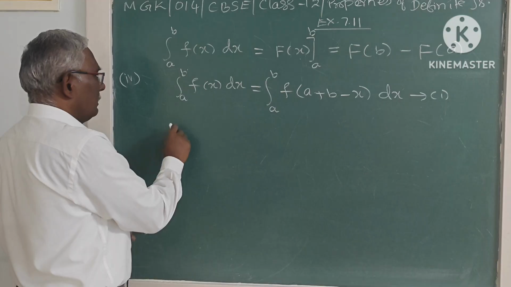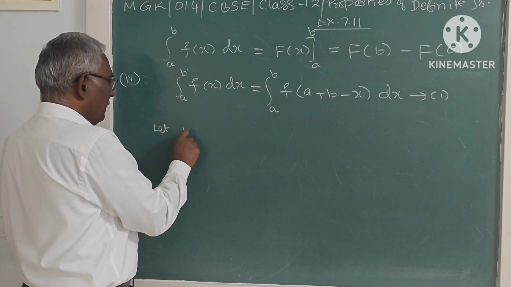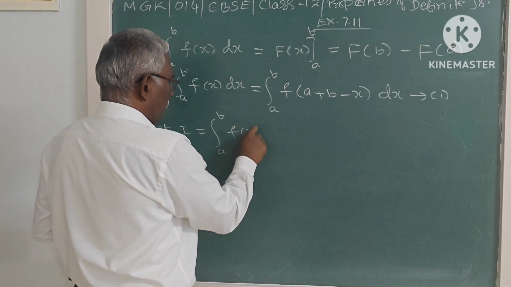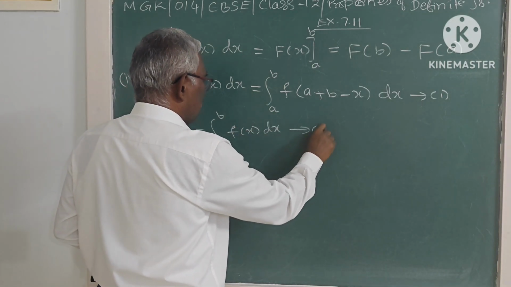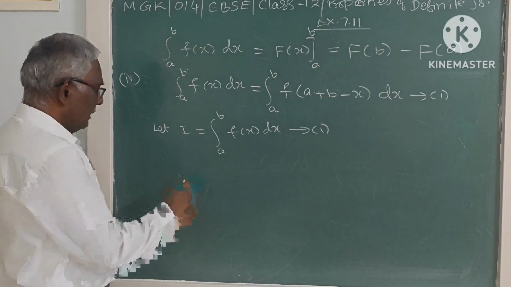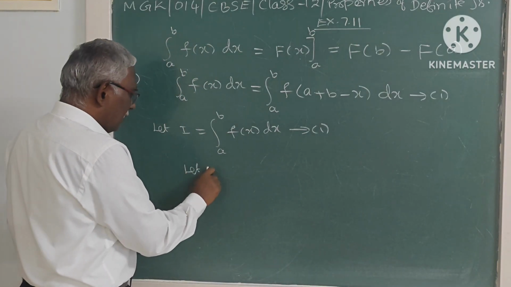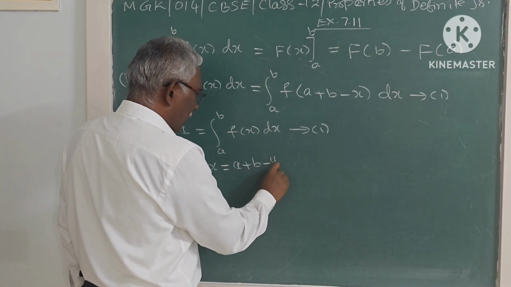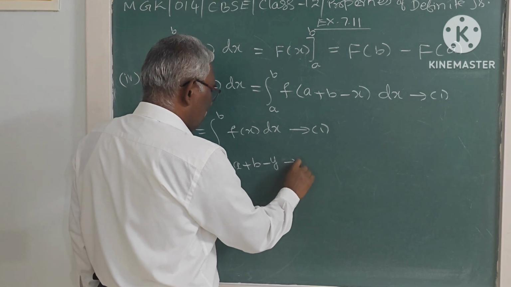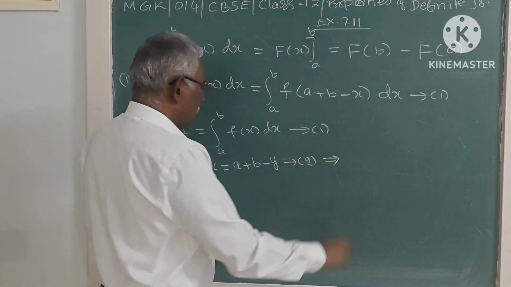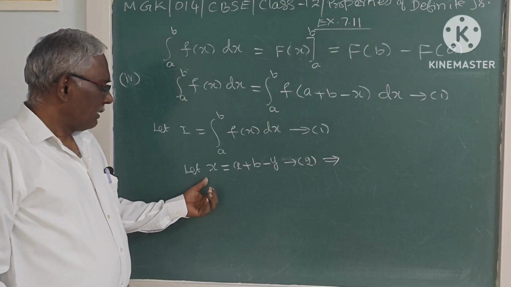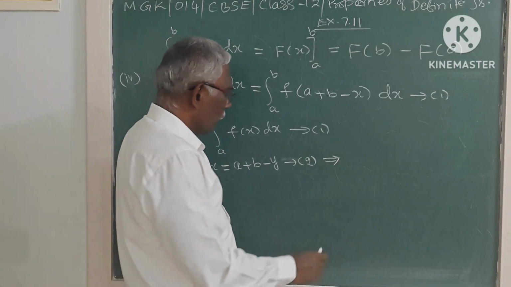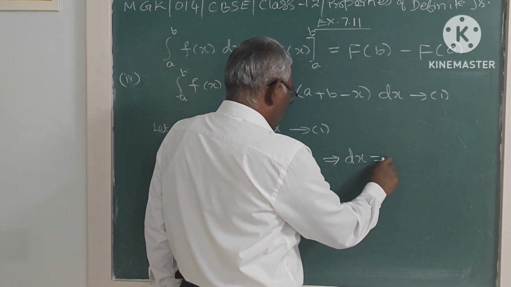Now let I is equal to integral a to b f of x dx. Now let x is equal to a plus b minus y, and we get dx is equal to minus dy.